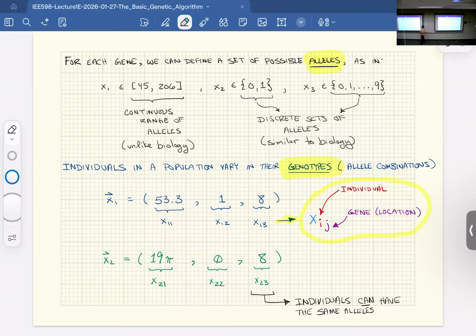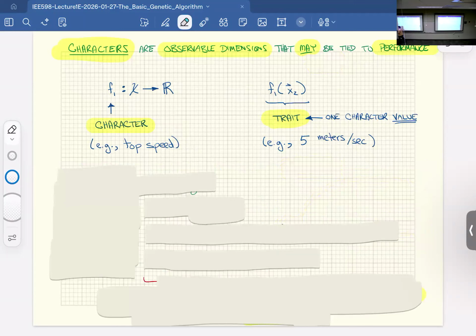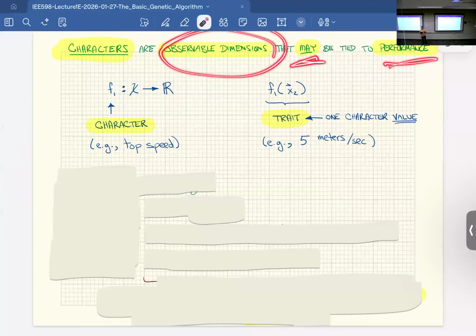Okay. All right, so now how do we evaluate each one of these genotypes? Well, then we need characters. So remember, characters are observable dimensions that we may tie to performance. They may just be things that we can observe, but we actually don't care about, in which case they're neutral characters, but they may be important.